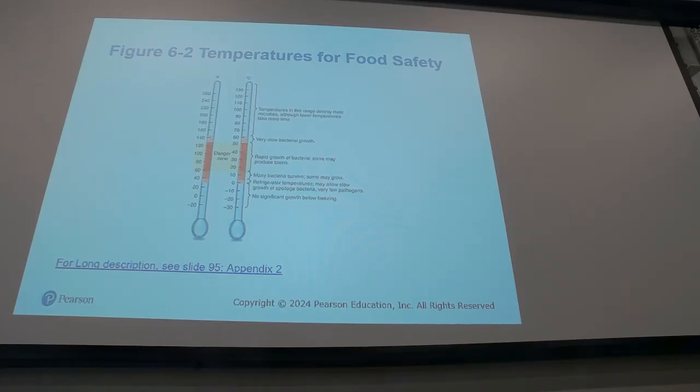It's very slow, but if you're preparing food, you want to keep the food away from this danger zone. And then when you're going to preserve it, of course you have to go below this. So then some of these temperatures are basically used to prepare food.